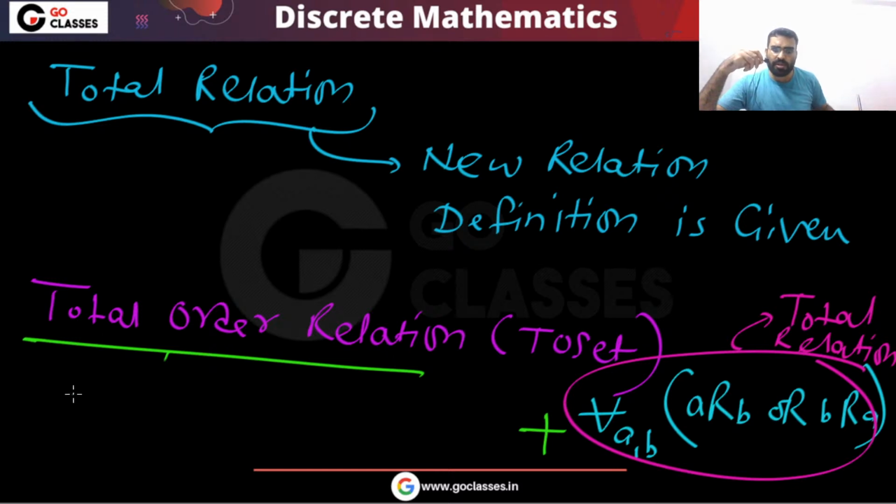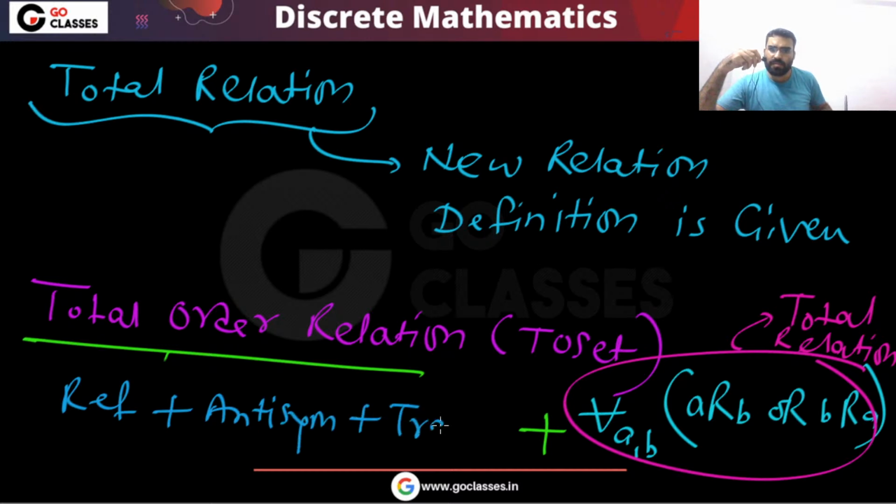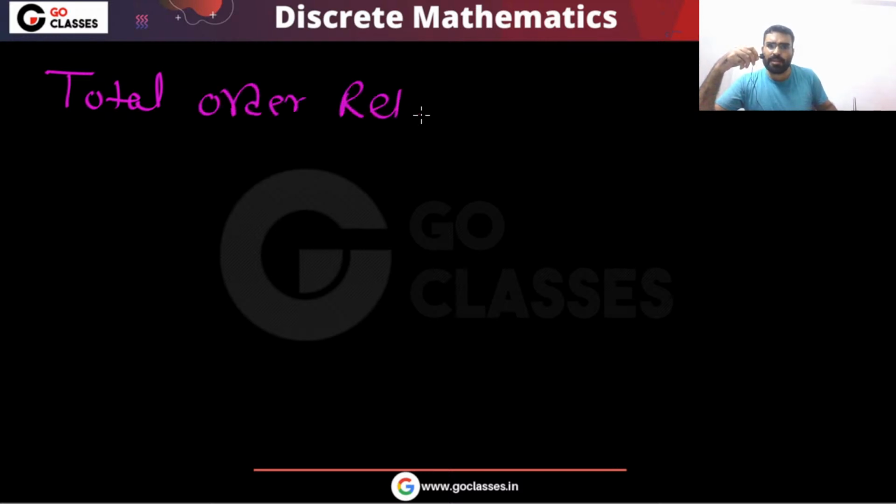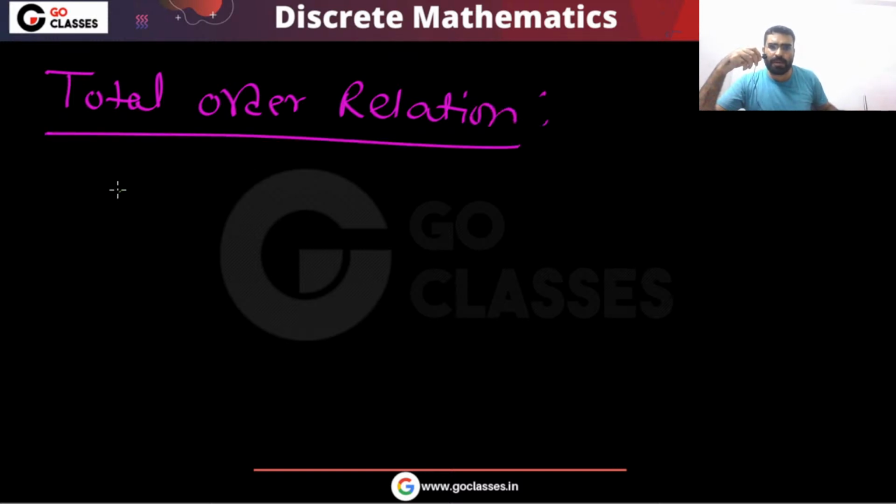And what is partial order? Partial order means reflexive plus anti-symmetric plus transitive. Tell me, is this clear to everyone? What is a total order relation? Total order relation means partial order plus every two elements are comparable.